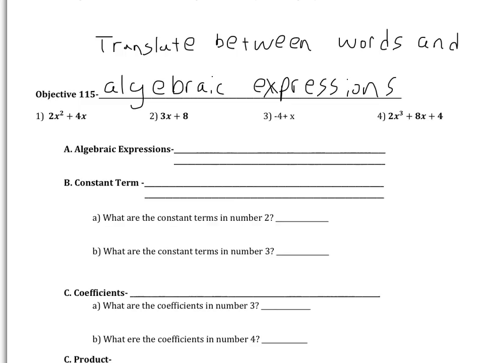Now let's go over a few really important things. I think I'm going to break this video lesson into two different lessons. This first part, and I'll do another one for the second part. First of all, let's go over what an algebraic expression actually is. You have to know the difference between an expression and an equation.